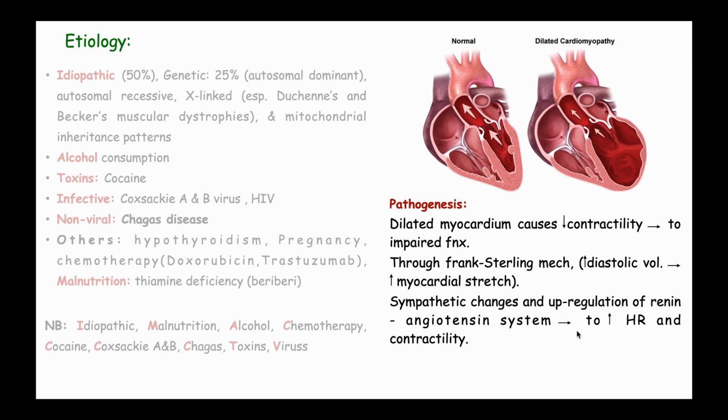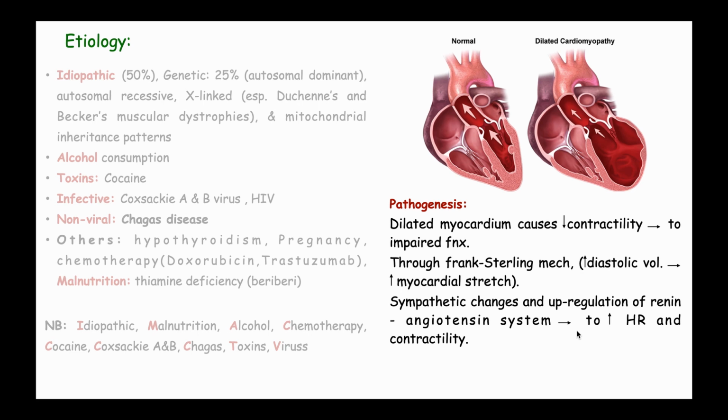Now, all of these effects, though they are positive, are limited, and so they eventually fail, causing a vicious cycle of remodeling and scarring of the left ventricle. Now, as we've seen, a decreased left ventricular contractility due to the dilatation will lead to a left-sided heart failure and eventually to a right-sided heart failure.